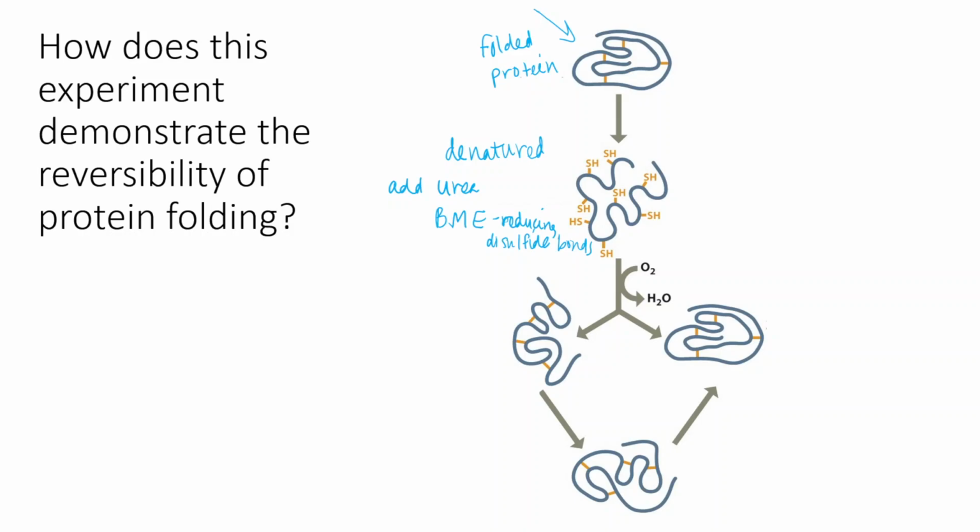And what is the urea doing? Exactly. The urea is generally unfolding the protein by disrupting the other interactions in the protein. And so by using the two of them together, now we have a protein that is completely unfolded.